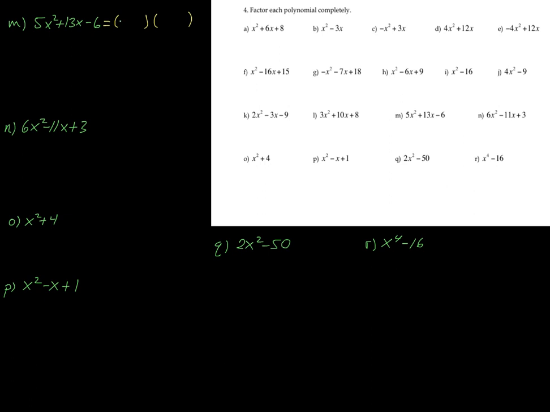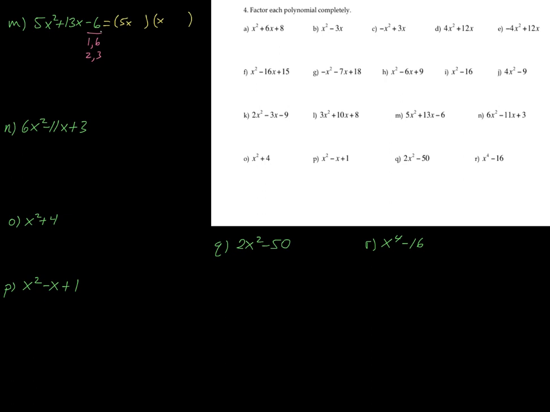We got 5x squared, so we could try a 5x and an x. Again, nice that it's not too many possibilities there. Now for the 6, again, I'm ignoring the sign for the moment. I could have a 1 and a 6, or a 2 and a 3. And my middle term I need to generate is a positive 13x, okay?